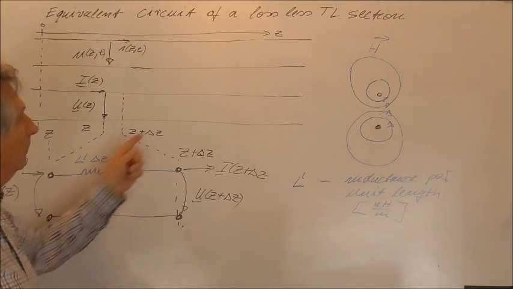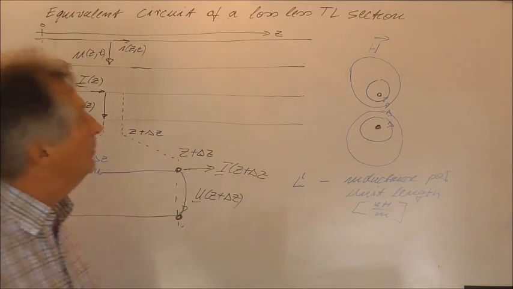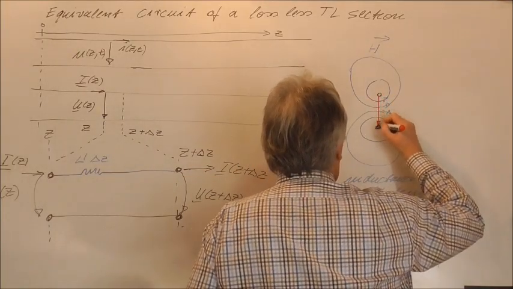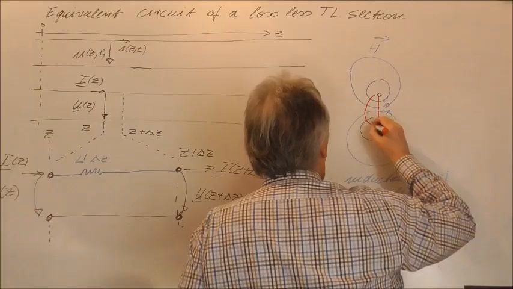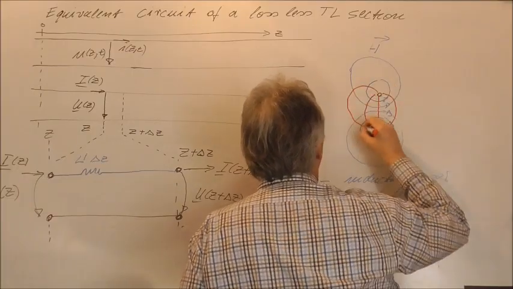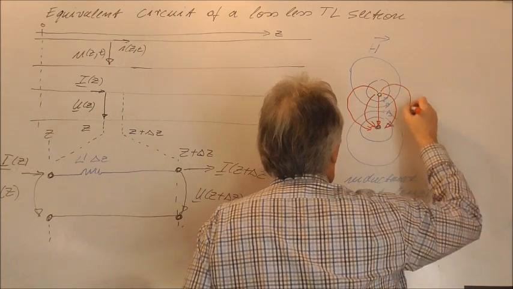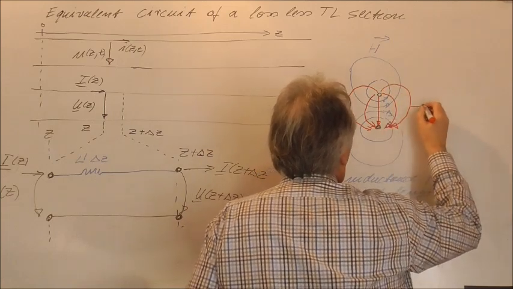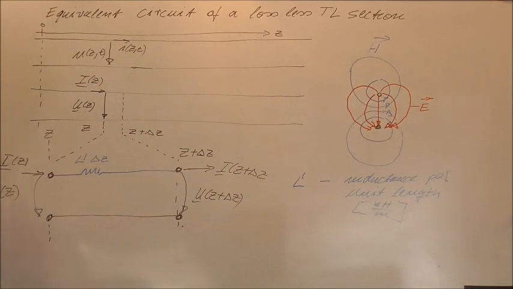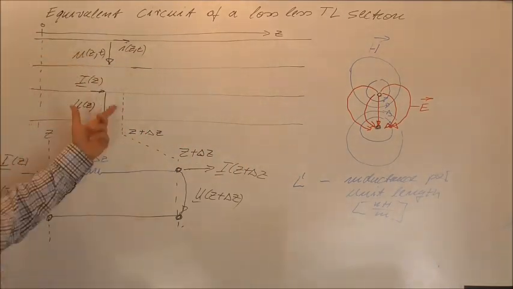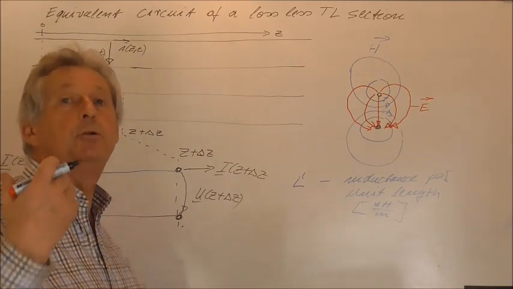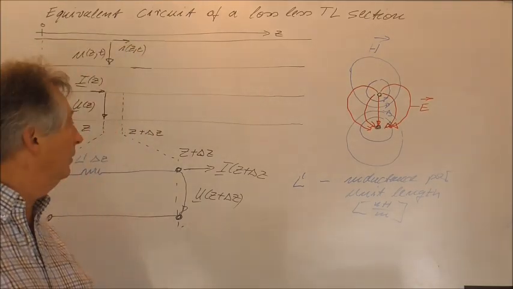Beside the magnetic field, we will also have an electric field. So the electric field will look almost like this in a two-wire line. So we have here the electric field. And of course, if there is electric field between the lines, in this section we also will have stored electric field energy.